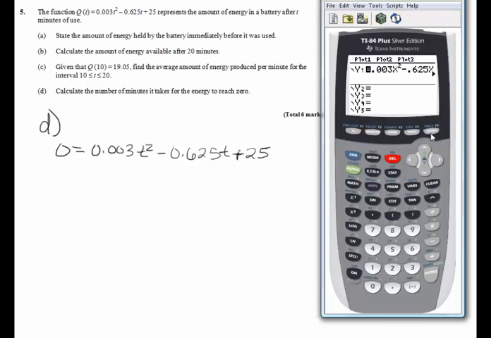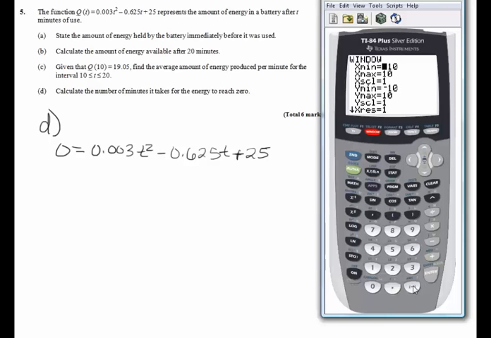I can graph it and try and see, but what I see here, if I make the graph, that's what I get. I don't see anything. And why? Well, you have to figure that it's at least going out to 20 minutes, and my calculator stops at 10. Also, the y-intercept is way up here at 25. My screen stops at 10. So I might change that a little bit.